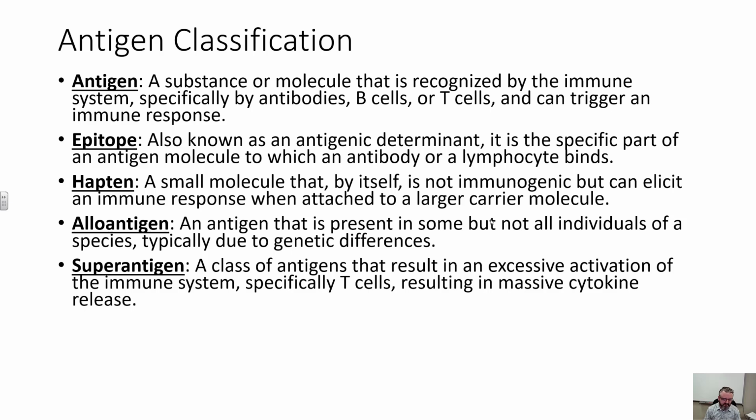A superantigen is an example of an antigen that tends to cause an excessive immune response. So rather than kind of a normal immune response, the presence of this particular kind causes an extreme immune response, usually resulting in lots and lots of inflammation and sometimes even death.